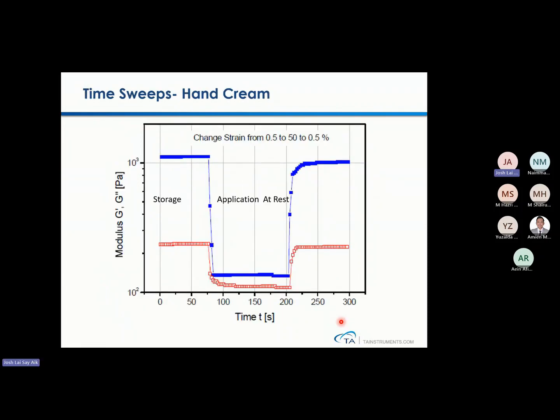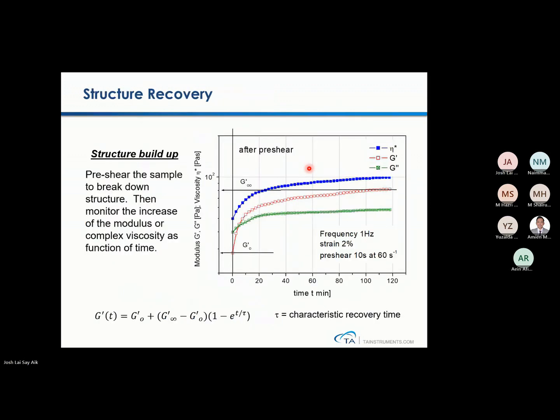Just like hand cream, in storage it should be stable, with no sedimentation, because when you open up the bottle, you do not want to see the cream actually separated. And when applied to your skin, it should stay on your skin to form a film. So it should be able to recover as well. You can also use the mathematics from the software to calculate the characteristic recovery time if you need.